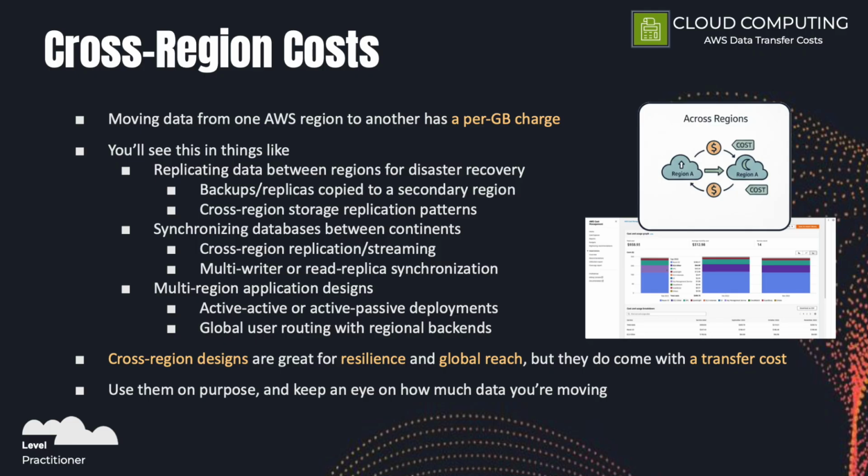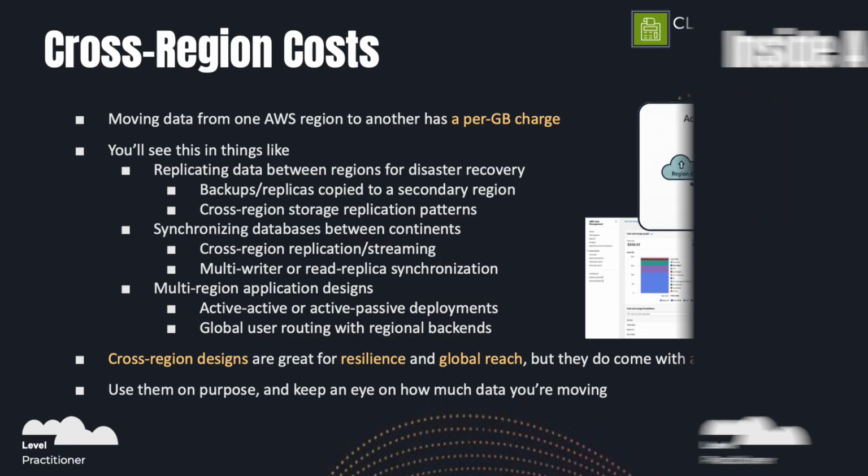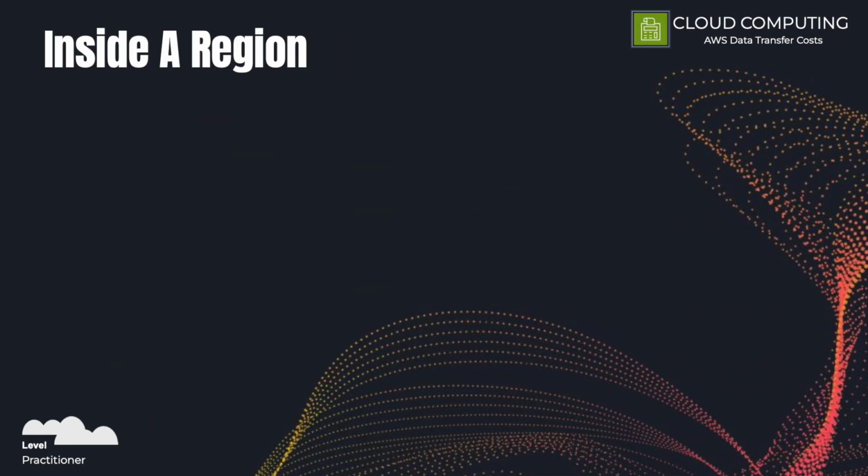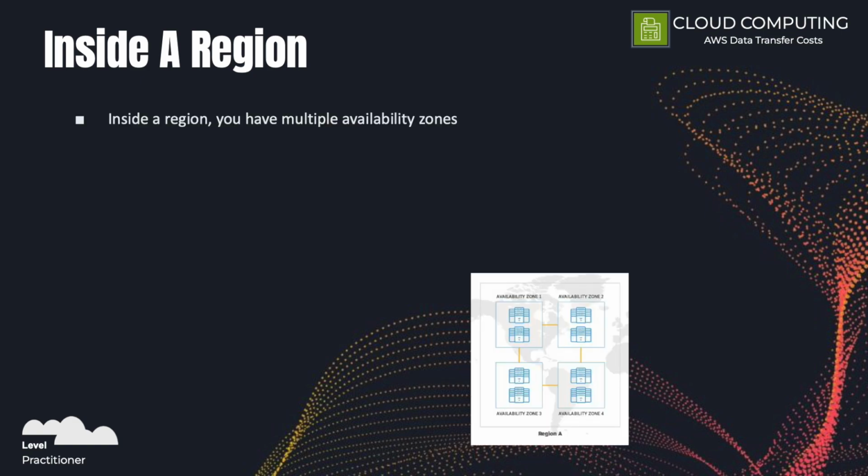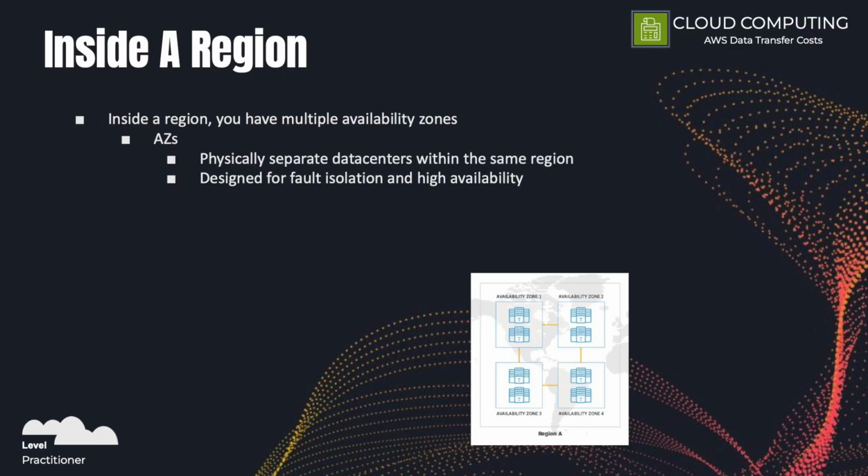Alright, so that was across regions. Now let's bring it back closer to home and talk about what happens inside a single region. Inside a region, you have multiple availability zones, or AZs, and the cost again depends on whether traffic stays in one AZ or crosses into another. First, traffic within the same availability zone.